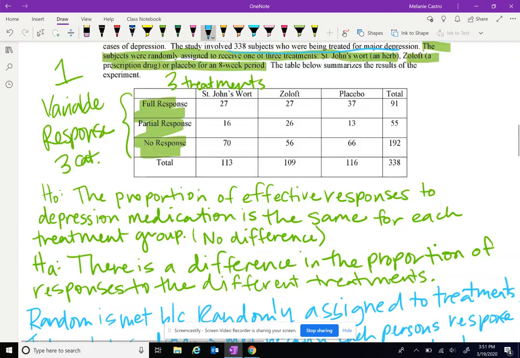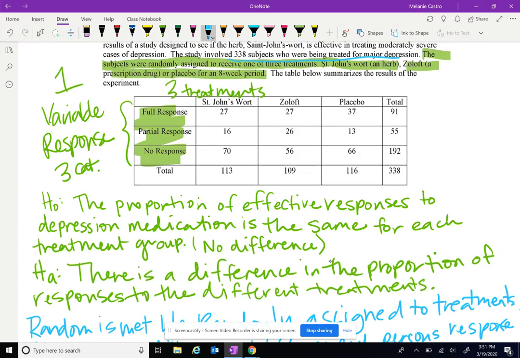Let's go back and check. So remember, for this one, in order to find the expected amount, you have to do the row total times the column total and divide by your sample size.